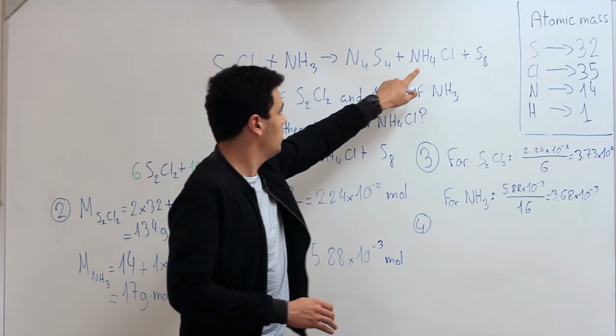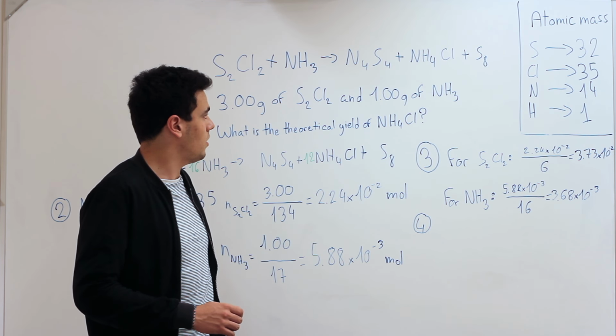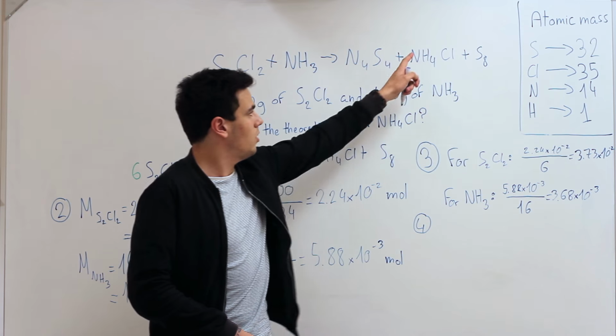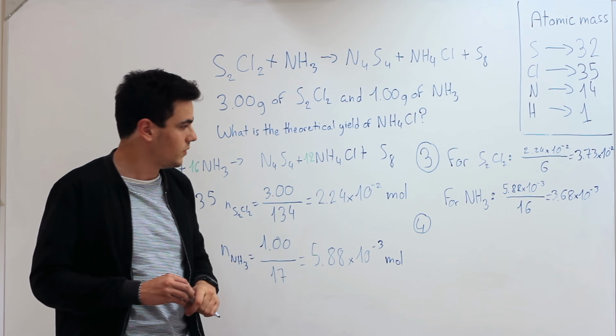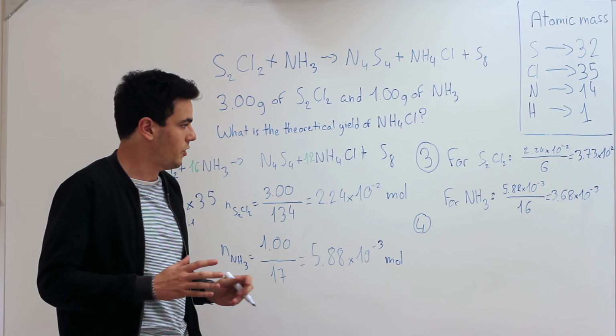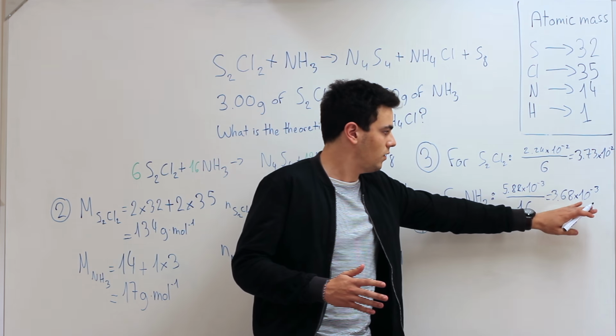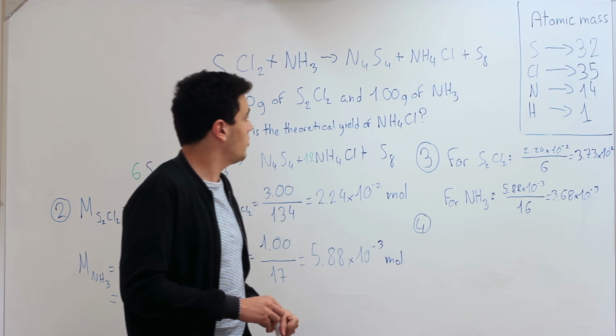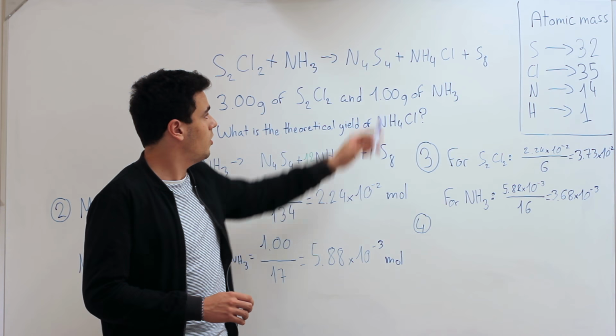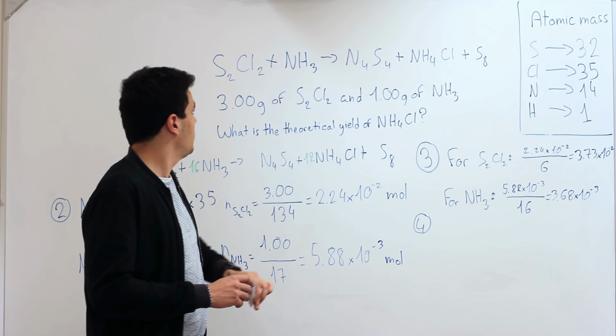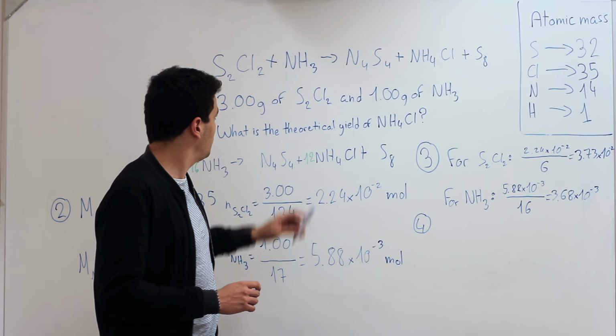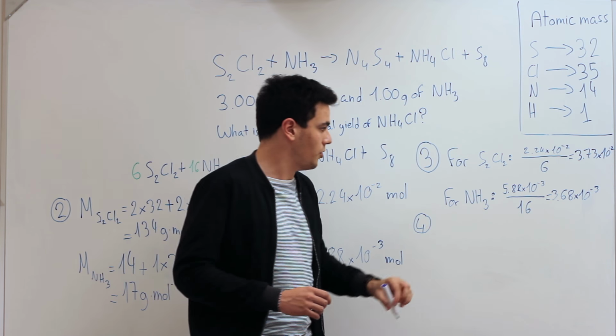So we are looking for the number of moles of this molecule. We are going to do it in a very simple way again. We're going to take this value, times it by the stoichiometric number of this molecule, divided by the one of the limiting molecule, as it's the one we're using.